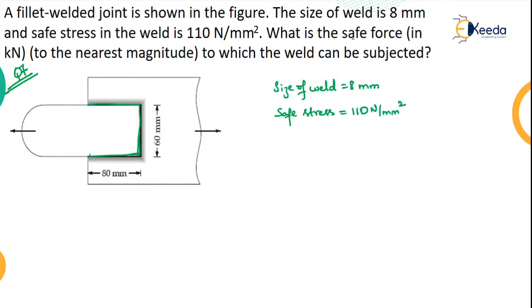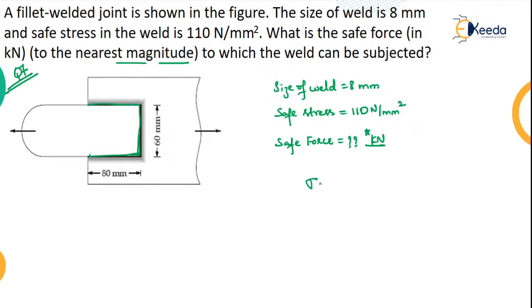What is the safe force in kilonewton to the nearest magnitude? So what does he want? He wants the safe force. Safe force is equal to question mark, and he wants it written in kilonewton to the nearest magnitude, to which the weld can be subjected.